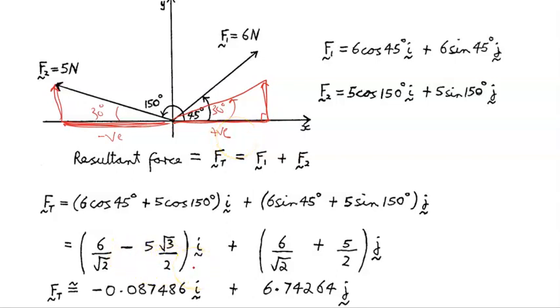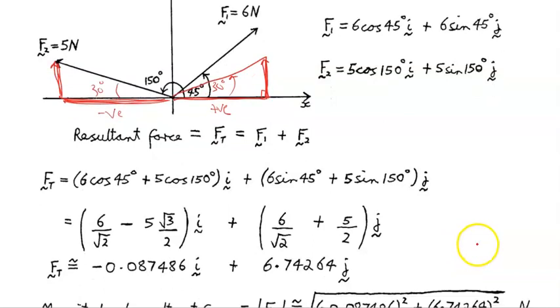Sine 45 is 1 on root 2, times the 6 again. Now they're both in the positive direction, so sine 30 degrees is the same as sine 150 degrees. Sine 30 degrees is of course a half, times 5 out front, so we have 5 on 2.